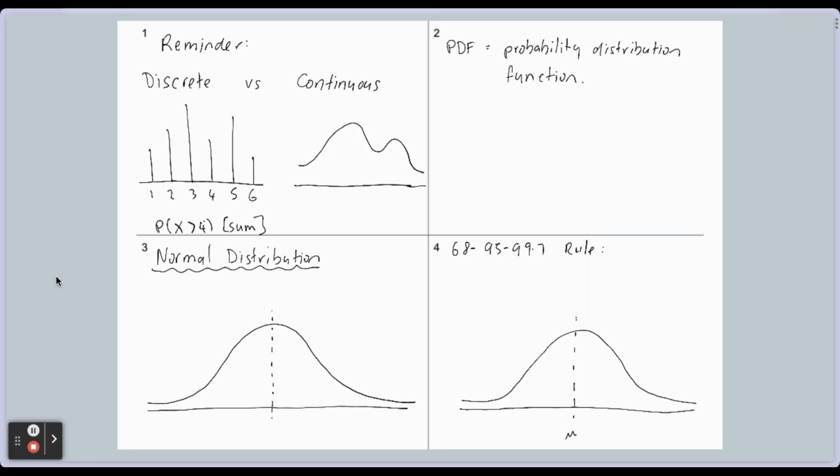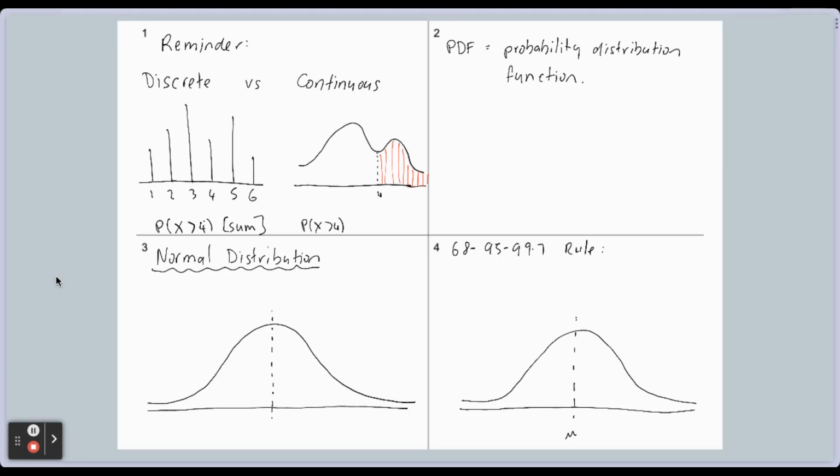And we can look at a particular value here at 4, for example, and if I was looking at the probability of x greater than 4, we would be saying everything past 4. Right? We would add up all those values.